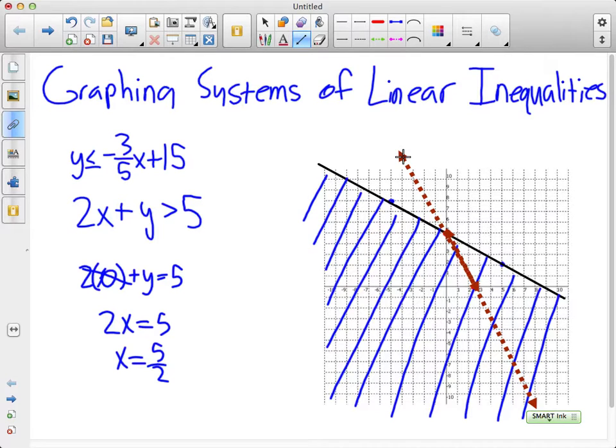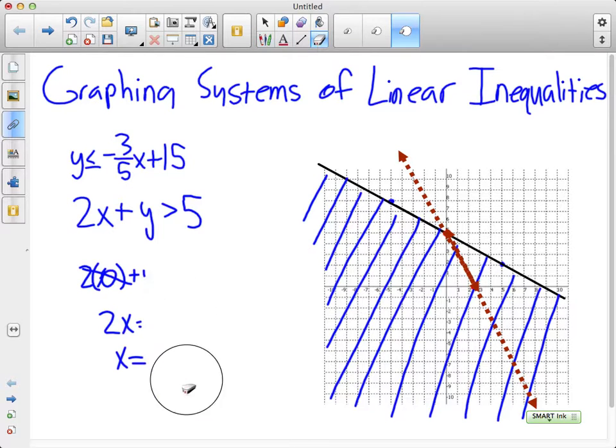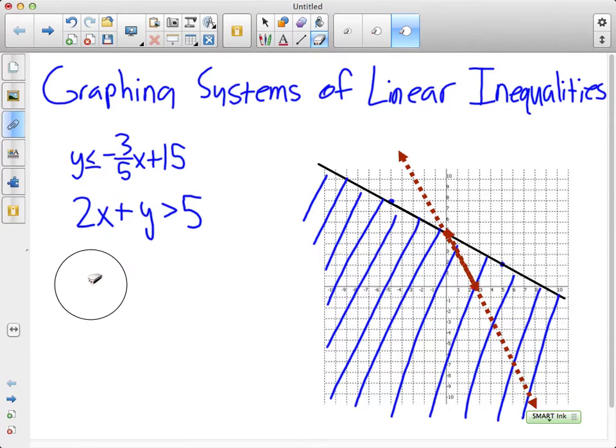And here's where things get a little bit tricky if you graph by intercepts. If we had converted this to slope-intercept form, we might have had to change the inequality sign. So when you graph by intercepts, what you can do is test a point to figure out which side to shade. And really, you could do this when you graph by converting to slope-intercept form as well.